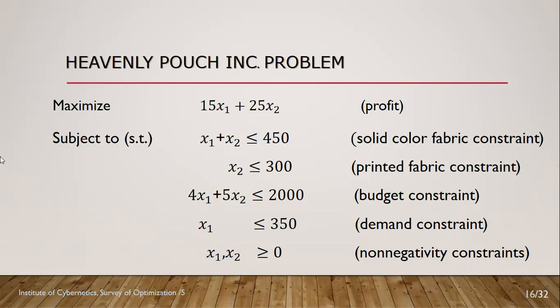Finally, we have a demand constraint that tells us that no more than 350 units of non-reversible carriers can be sold. And we have the traditional non-negativity constraints for the decision variables, of course.